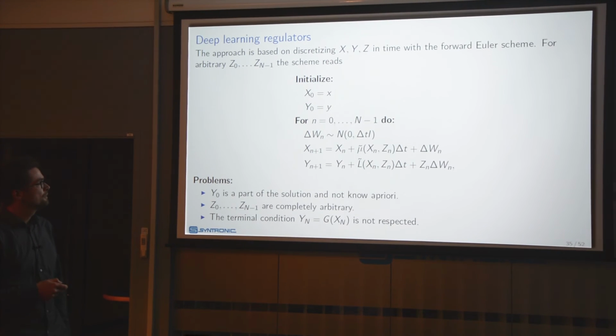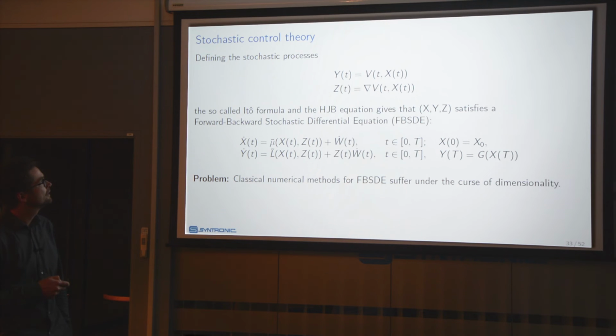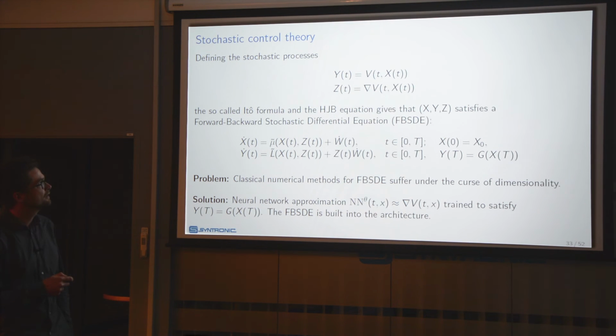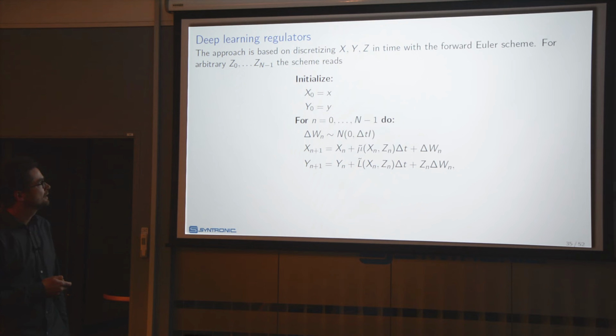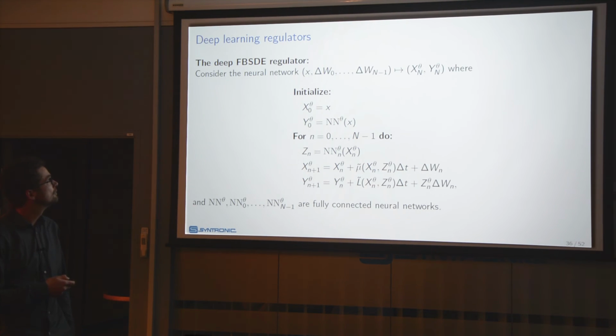The solution is, we know that y is a function of x, and we know that z is a function of x. So if we make an ansatz with neural networks and train them in the right way, we can actually do something good. And that's what we do.